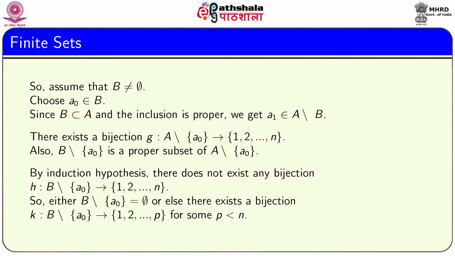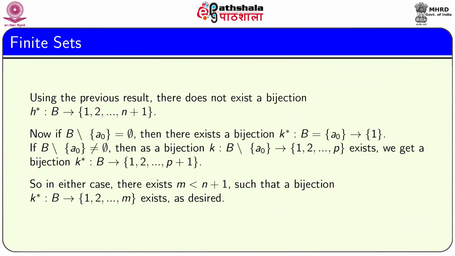So, either this set B minus A0 is empty, or else there exists a bijection K from B minus A0 to the set 1 to P, where P is an integer strictly less than n. Using the previous result, there does not exist a bijection H star from B to the set 1 to n plus 1.